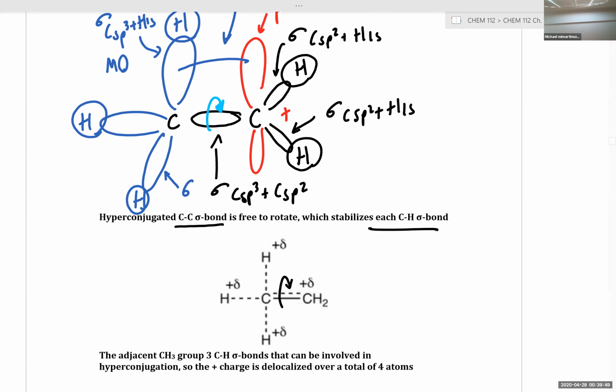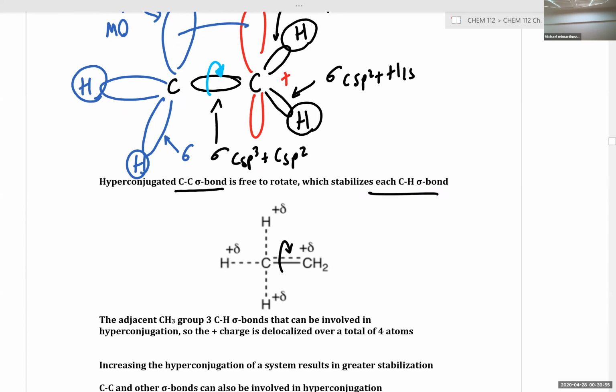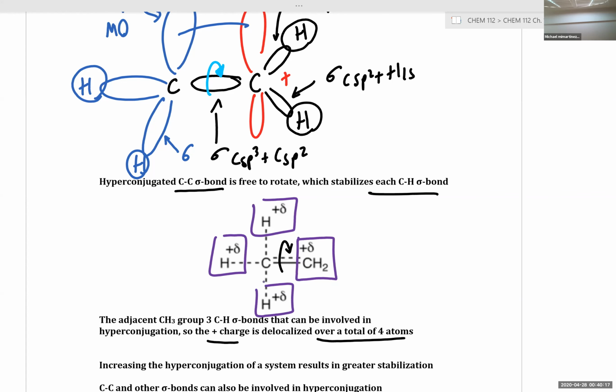Okay? In effect, we've delocalized our positive charge over a total of 4 atoms, where we have our carbocation carbon, as well as each of the atoms participating in hyperconjugation. So just like resonance can distribute charge and electron density throughout your molecule, through hyperconjugation, we've in effect delocalized and stabilized our carbocation charge.